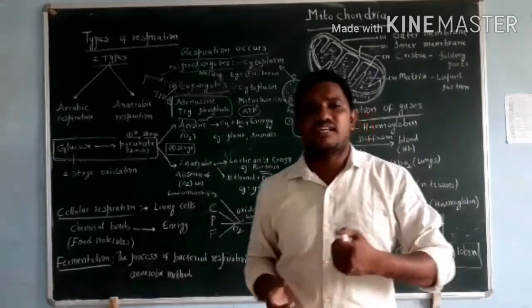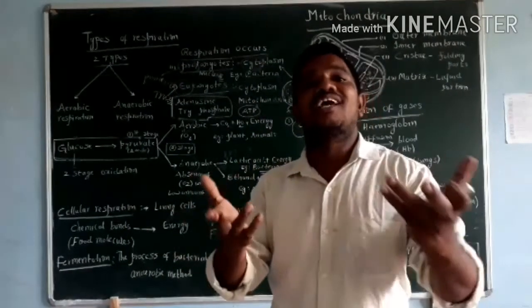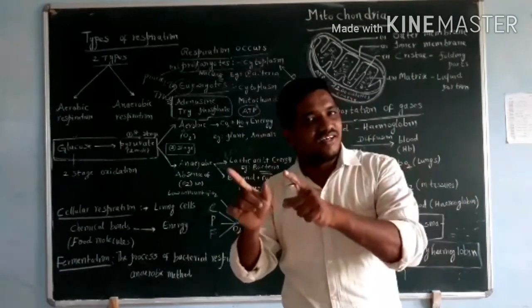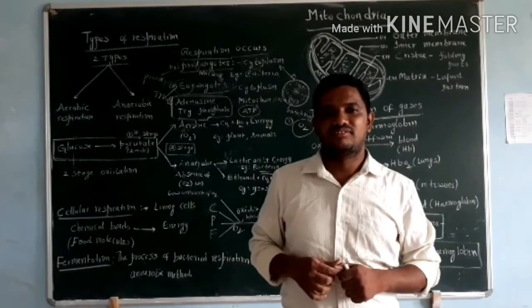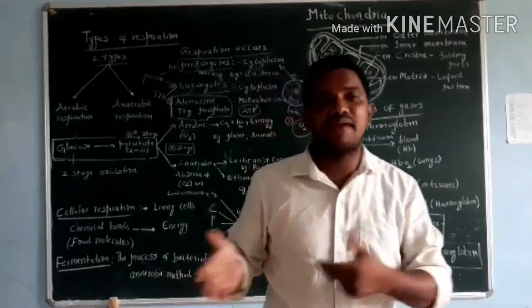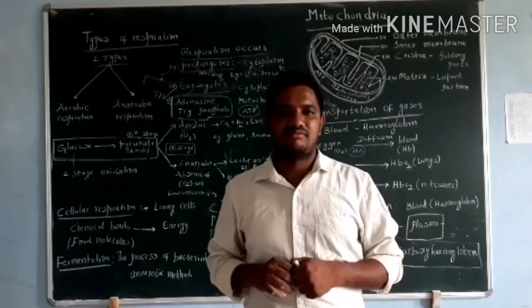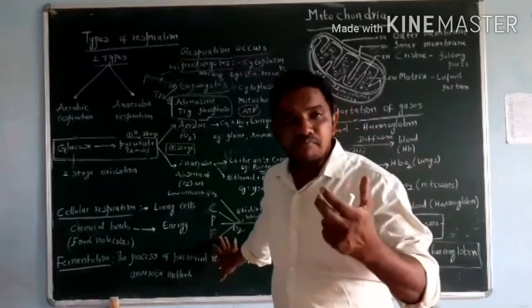Simply we call it the fermentation method. Glucose is converted into ethyl alcohol. That is called the fermentation method. It takes place in bacteria by anaerobic method. Okay, that is called fermentation.